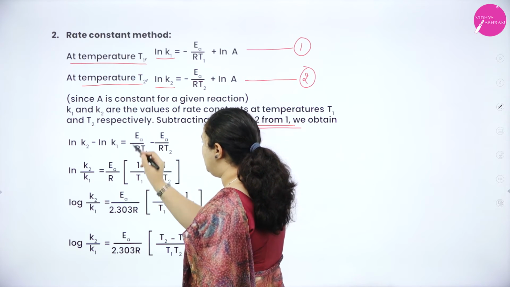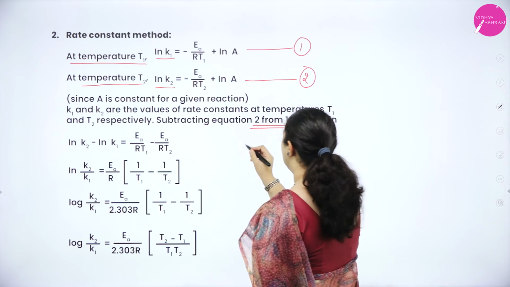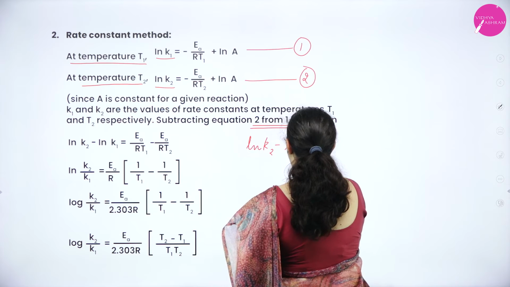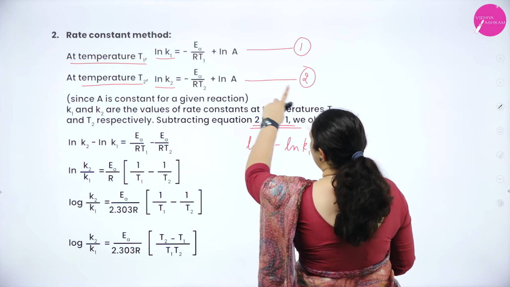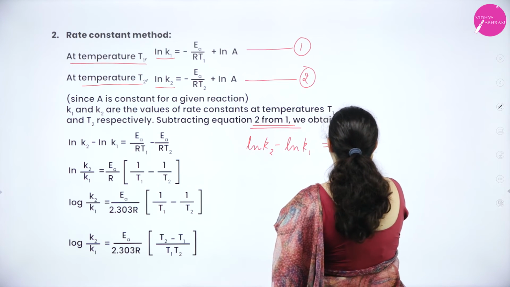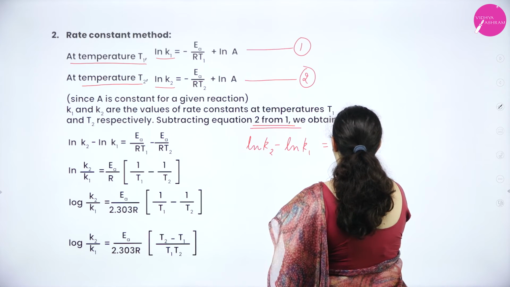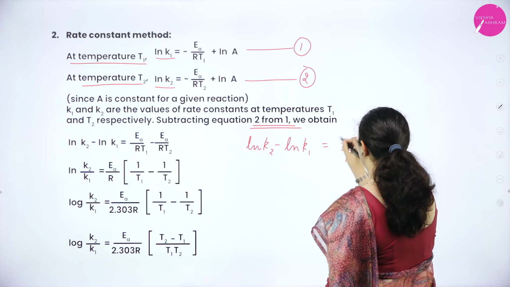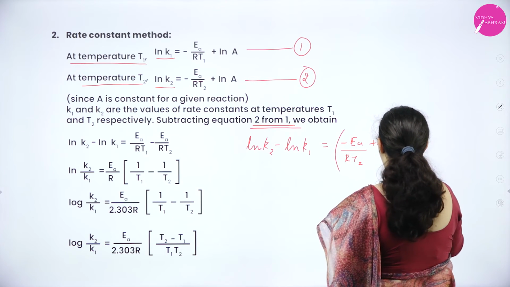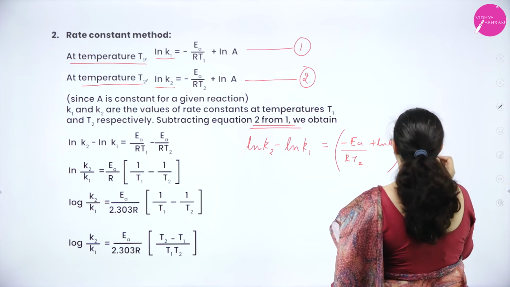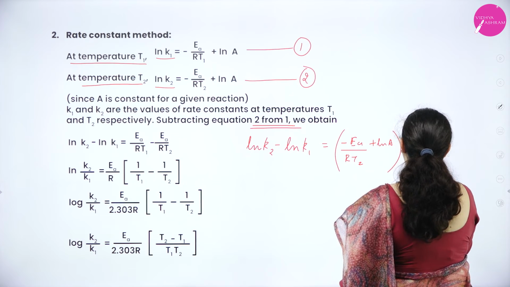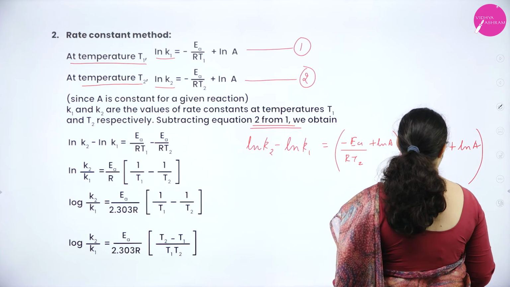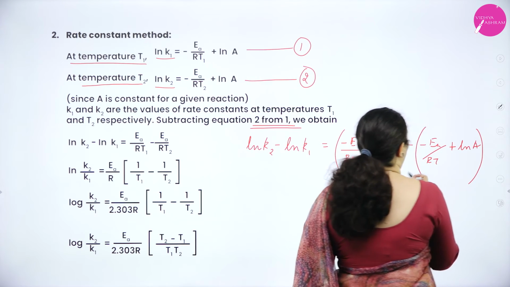Now how did I get this? If you have a doubt, I shall just solve here. ln K2 minus ln K1 is equal to, what is equation 2 here? It is minus EA by RT2 plus ln A, correct? This equation minus equation 1, that is minus EA by RT1 plus ln A. Now what happens?